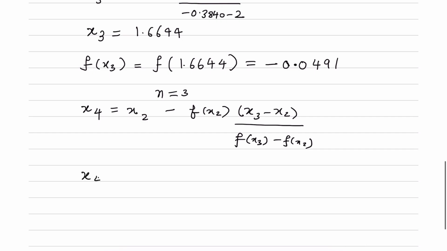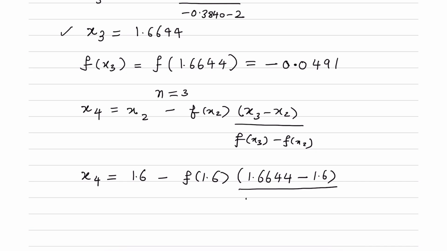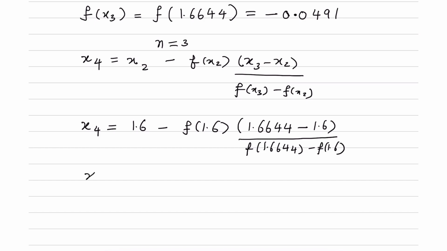Let's plug in the values. x2 is 1.6, f of 1.6, and x3, we have just found it, is 1.6644, x2 is 1.6, divided by f of 1.6644 minus f of 1.6. We have to plug these values here.